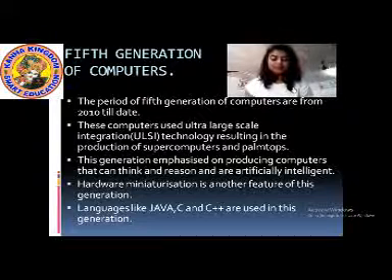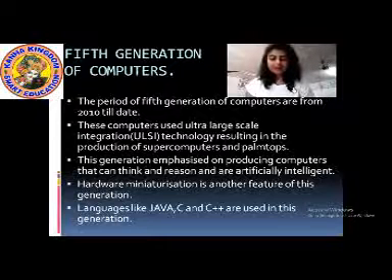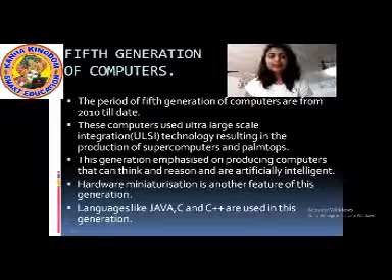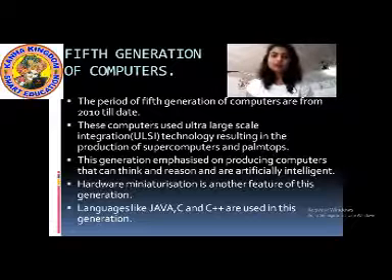And in these computers, hardware miniaturization is another feature of this generation. Now, what is hardware miniaturization? Hardwares are the computer parts like keyboard, CPU, mouse, monitor. Miniaturization means converting the large parts into small parts.